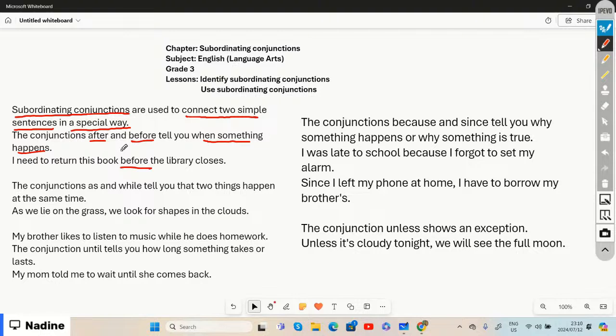All right. And then if we look at the conjunctions as and while, they tell you that two things happen at the same time. An example of that is: as we lie on the grass, we look for shapes in the clouds. It's like saying, while we are lying on the grass, we look for shapes in the clouds.